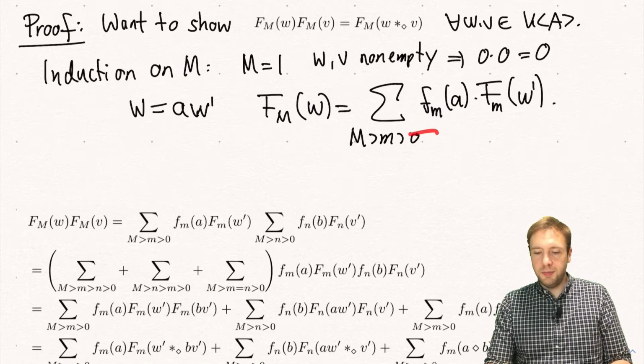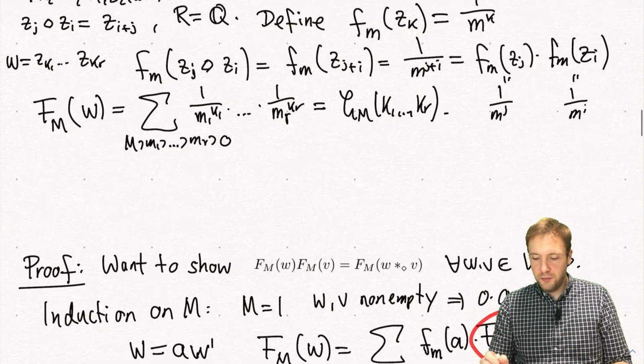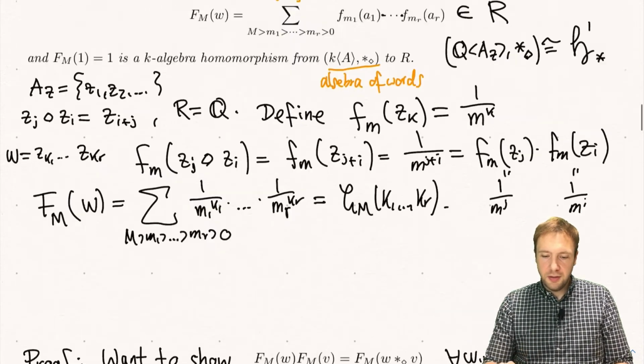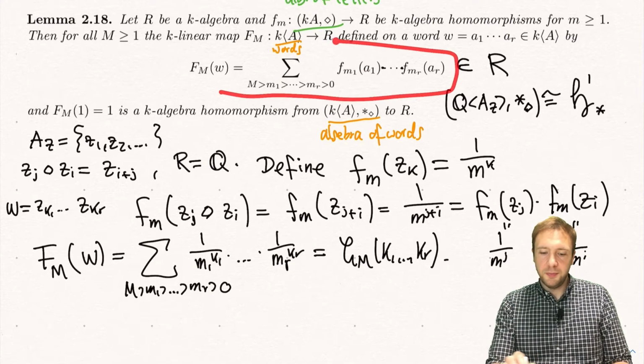So this is just by definition of this capital F. If you would also write this out, you see that you get exactly this ordered sum here.